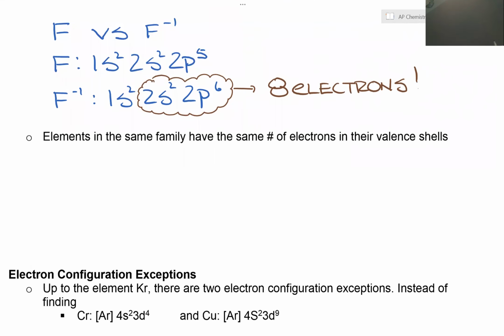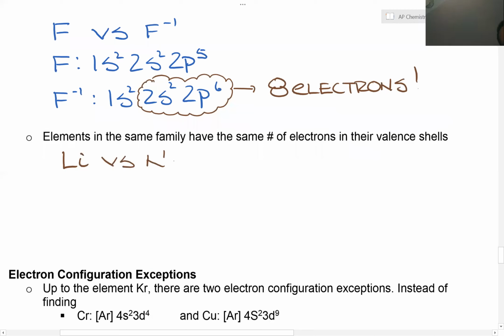Elements in the same family have the same number of electrons in their valence shells. So, for example, let's say we had lithium versus sodium versus potassium.